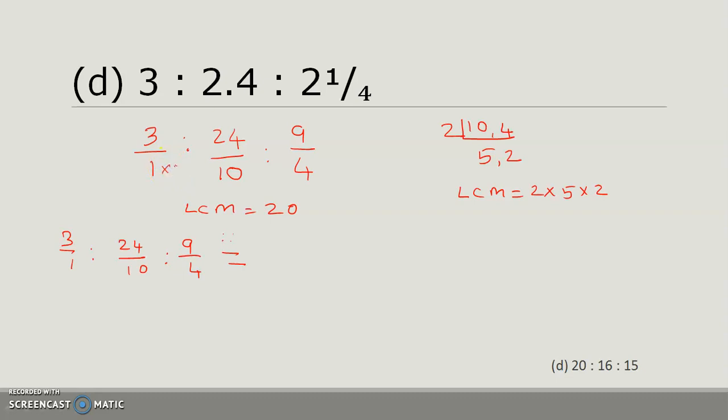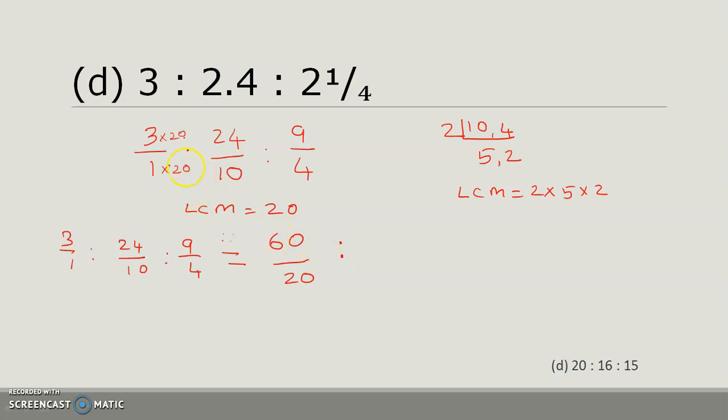Now convert it. What should be multiplied by 1 to get LCM 20? Yes, 20. So I have to multiply the numerator also with 20. So we will get 60. 3 2s are 6, 60 divided by 20 is 3. Earlier in the fraction chapter you would be using plus and minus. Here we are having ratio. That's the only difference.